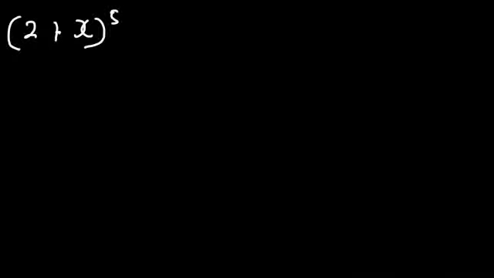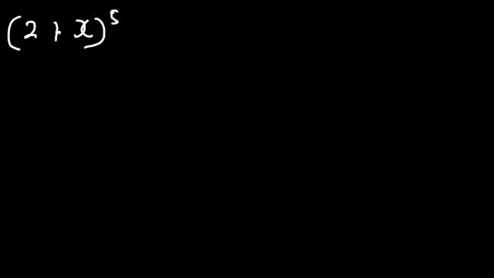This expansion is going to have 6 terms, 5 plus 1, that's 6 terms. You understand? They will be having 1 above the exponent. So if you're expanding any binomial and you observe that the terms you have are not 1 above the exponent, then your expansion is not yet completed. Perfect. So we'll be having 6 terms for this expansion.